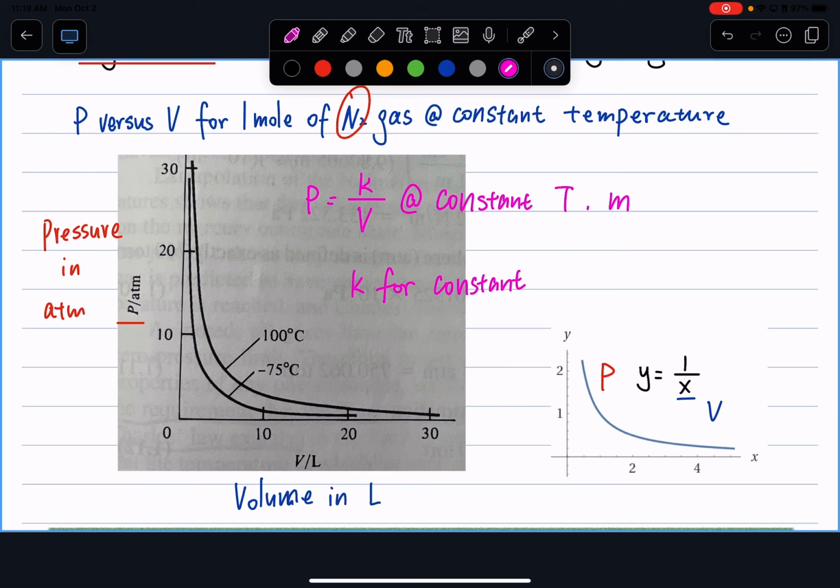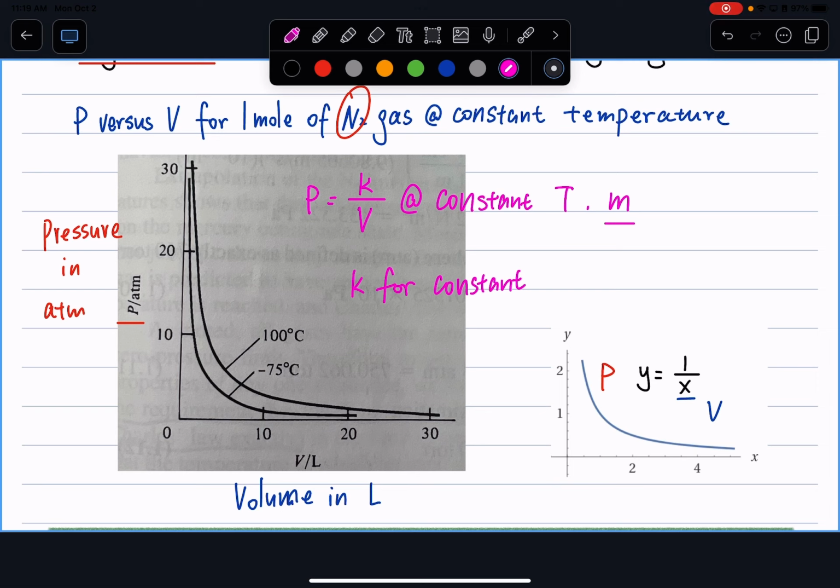Just a quick refreshment. In this experiment, remember we have the experiment taken at constant temperature and constant mass. Now, is our system an open system, closed system, or an isolated system?